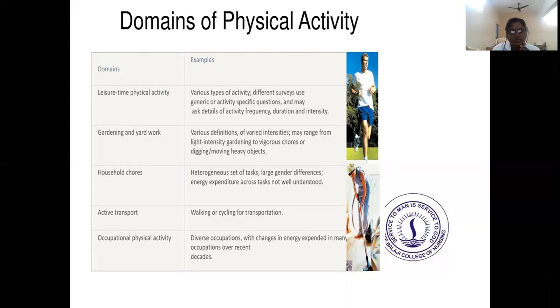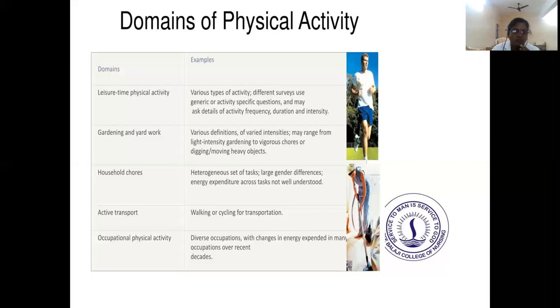They use generic or activity-specific questions and may ask details of activity frequency, duration, and intensity. Gardening and lawn work have various definitions of varied intensity, ranging from light gardening to vigorous work. Household chores involve heterogeneous tasks, with differences in energy expenditure across tasks.